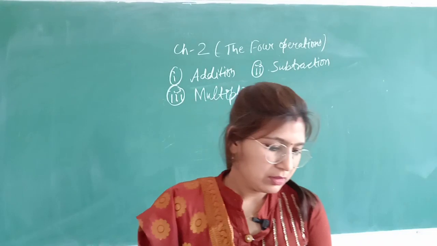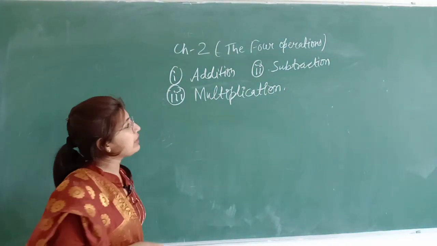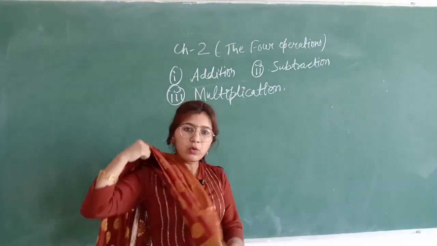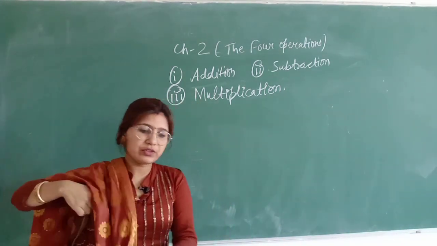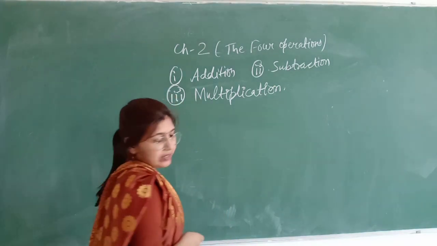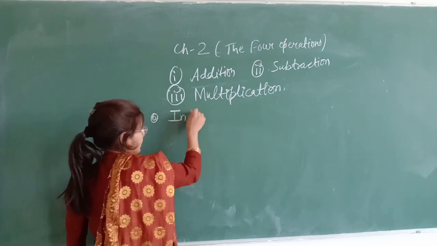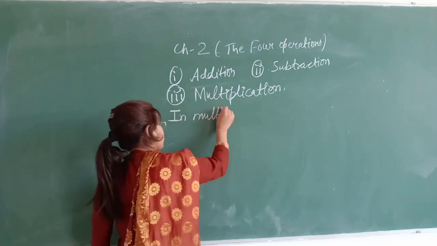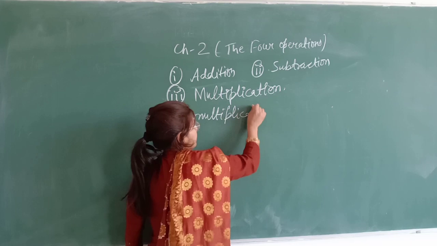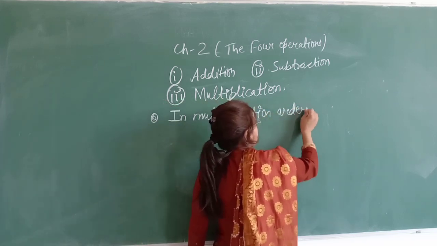Boys, as I told you, when we multiply two numbers, we get the product. And boys, the first property of multiplication is that in multiplication order doesn't matter.